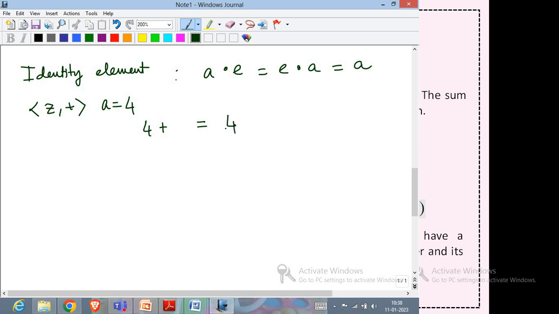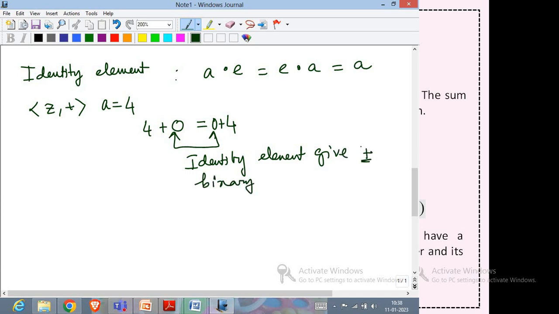What should be the something? 0. So basically we can write it like this: 0 will be called the identity element given plus as the binary operator. Understood? If plus is the binary operator applied on the set Z, then 0 becomes the identity element.